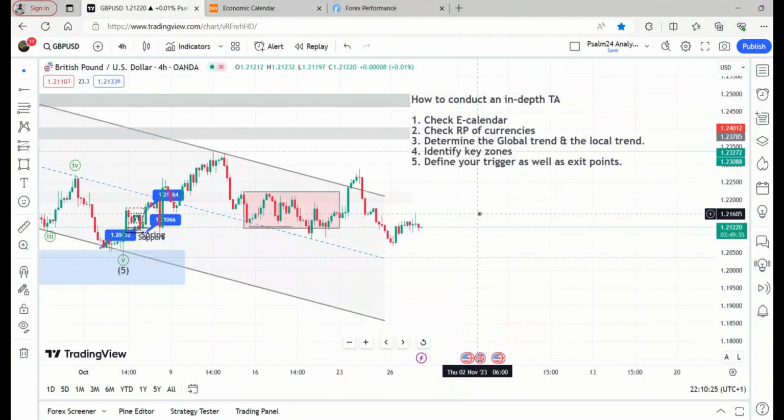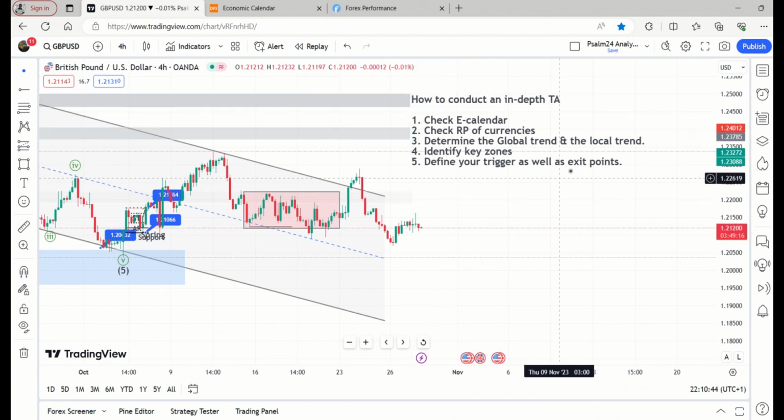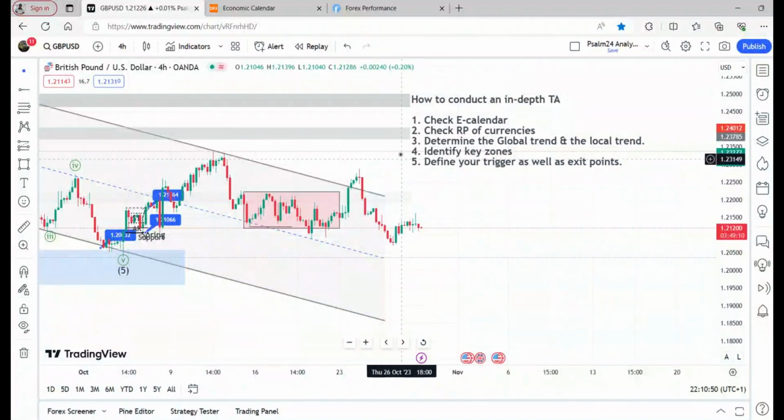So, like I said, these guidelines are just to help you to be able to conduct in-depth technical analysis. This is not exhaustive. This is not all. You could add to what I have done, but I think this should help you prepare for your trading week.